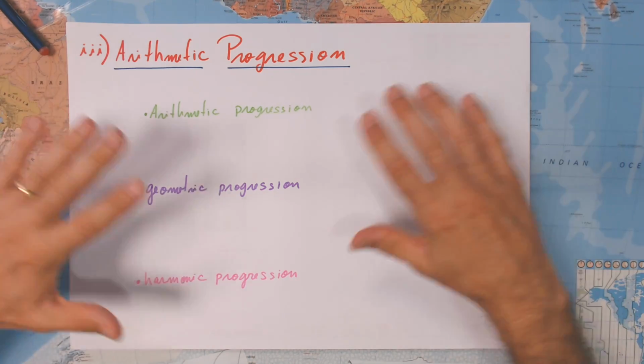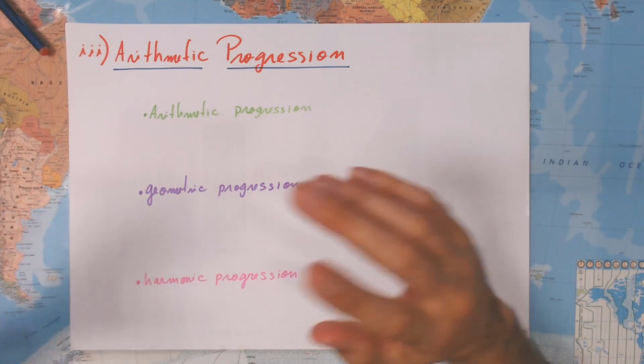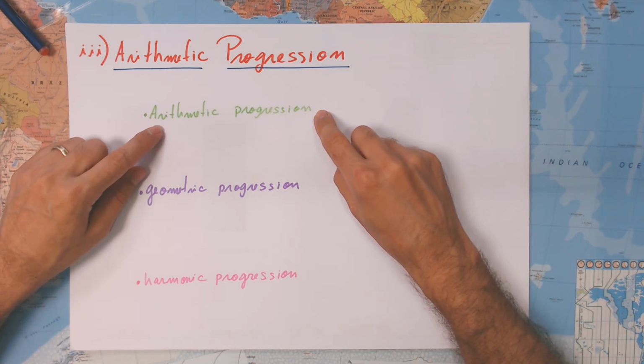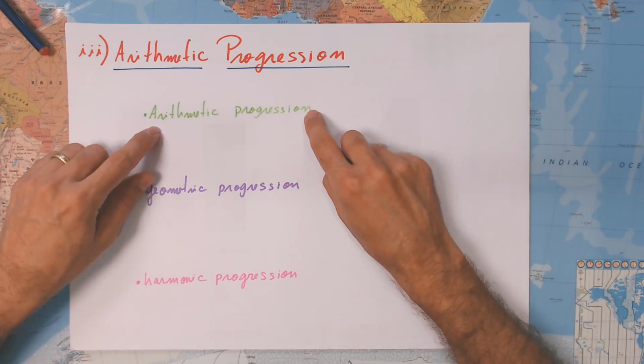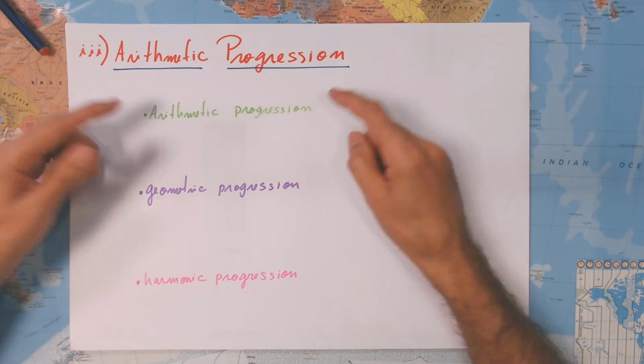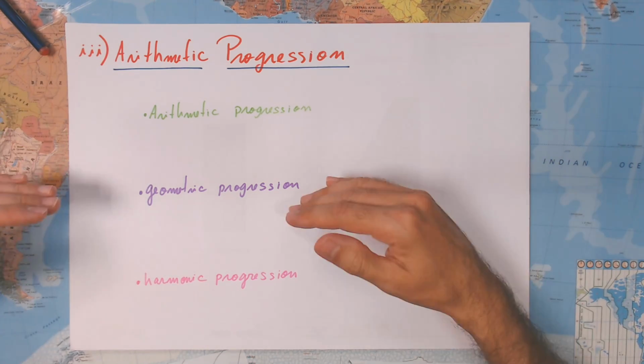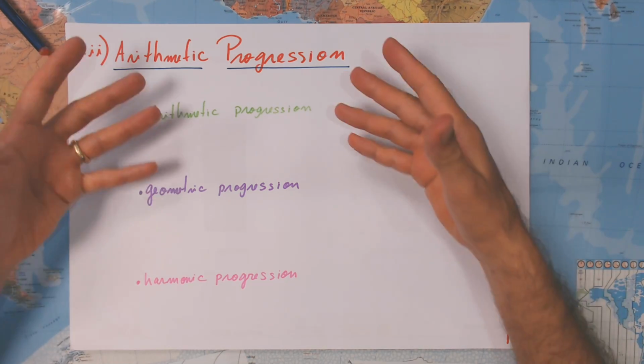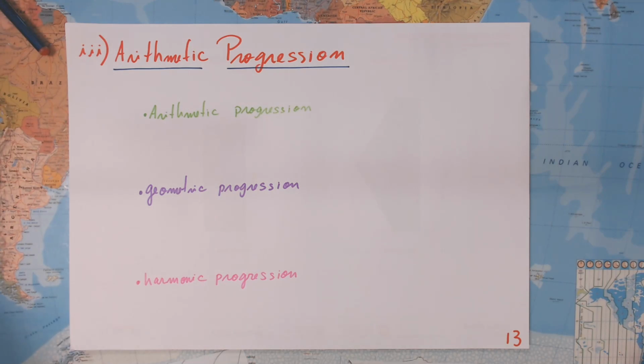Because if I don't show you this, chances are that sooner or later you might get a progression that changes a little bit and say, yeah, I thought it could be arithmetic progression. Because of this, I'm going to present everybody to you.